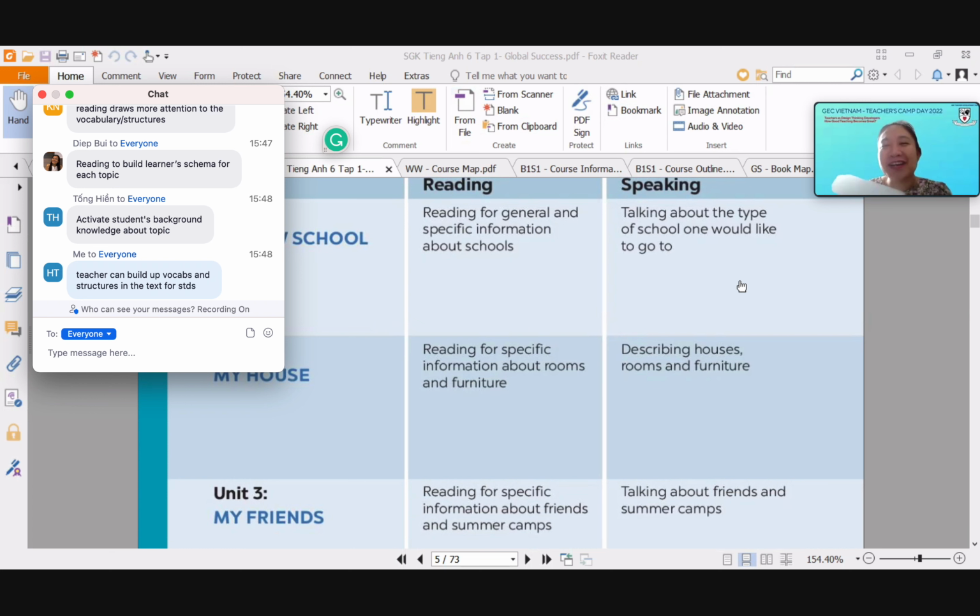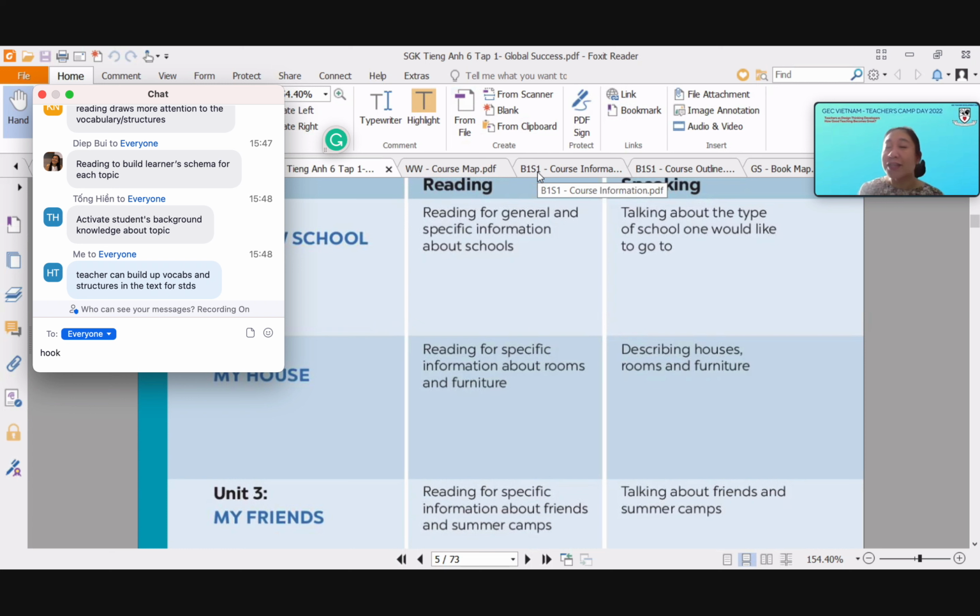Do you recognize the age group of the students? So the lower secondary levels.